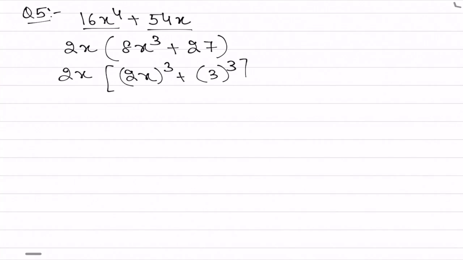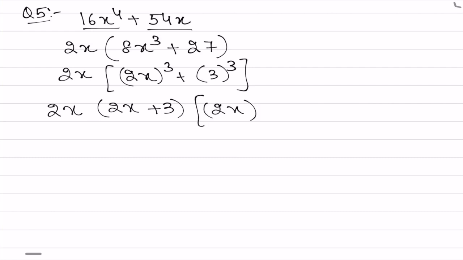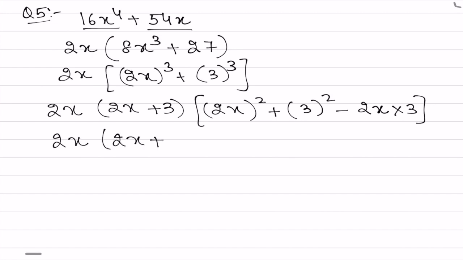Again we can use the sum of two cubes identity over here. So 2x into 2x plus 3 into 2x whole square plus 3 whole square minus 2x into 3. So the factors are 2x into 2x plus 3 into 4x square plus 9 minus 6x. So these are the factors of the given expression.